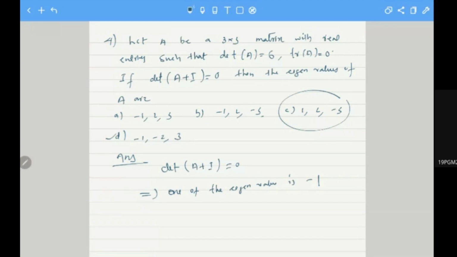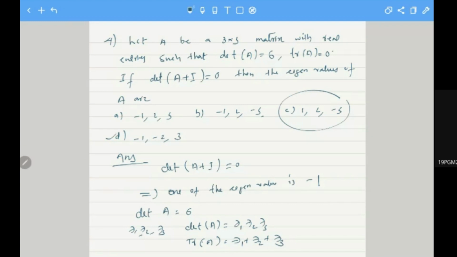So now, the determinant of A is given. Determinant of A is 6. So we know that if lambda1, lambda2, lambda3 are the eigenvalues, then determinant of A is nothing but the product of lambda1, lambda2, lambda3, and trace of A will be nothing but lambda1 plus lambda2 plus lambda3.